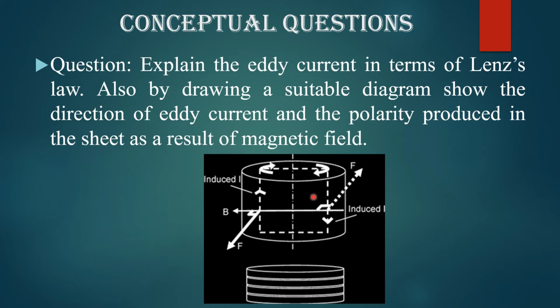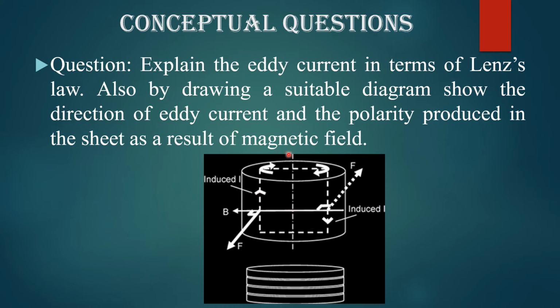That induced current is known as eddy current because it swirls in the conductor. According to Lenz's law, the direction of induced current is such that it opposes the cause that has induced it, and here the cause is the change in magnetic flux that has induced this eddy current.